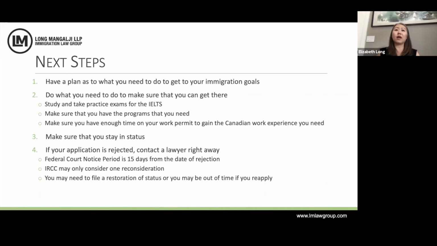They might say, okay, so this is what happened. Why don't you just write in a letter and explain yourself, okay? You write in a letter, you don't really know what exactly to write. You don't really understand why exactly you're rejected. You write a letter to immigration. That is called a reconsideration.